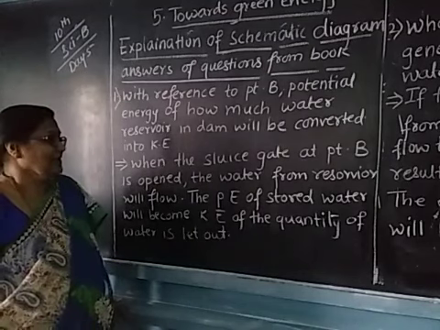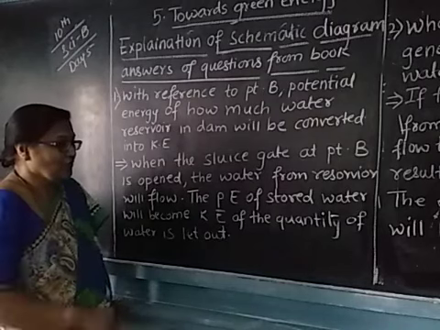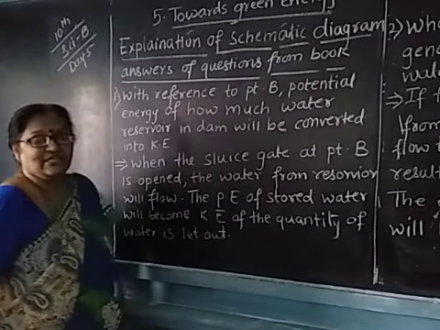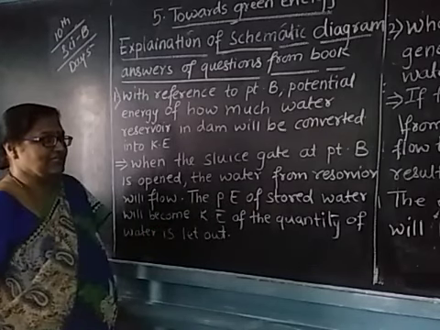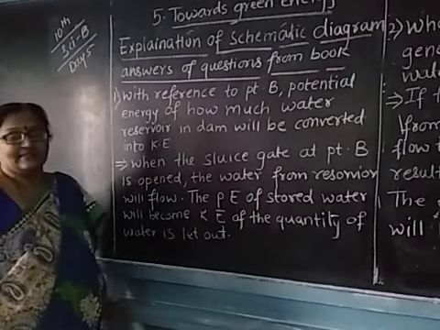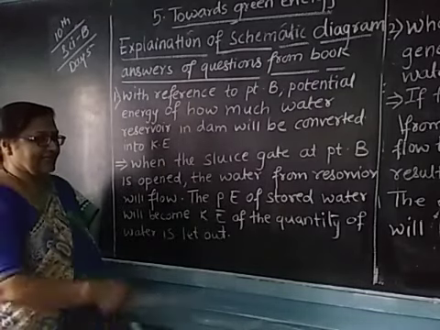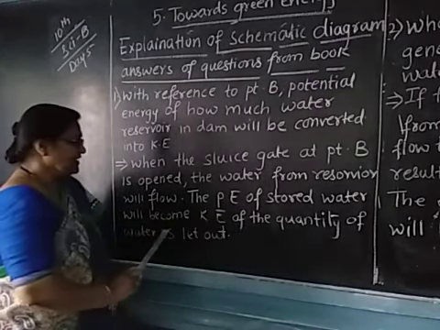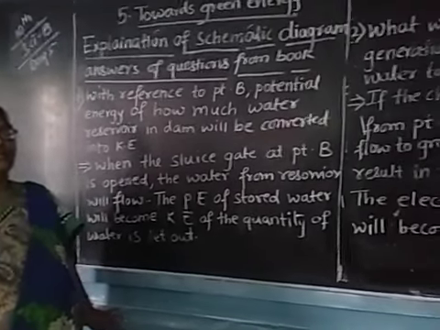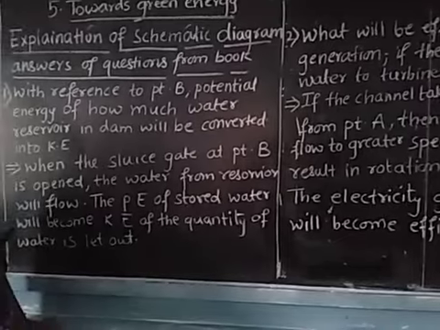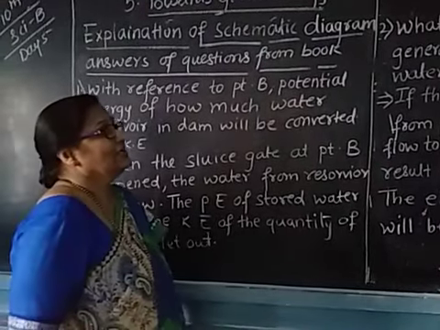The potential energy stored inside the water will be converted into kinetic energy. That means the potential energy is converted into the kinetic energy whenever the water is let down.